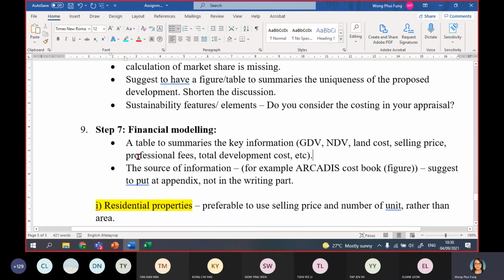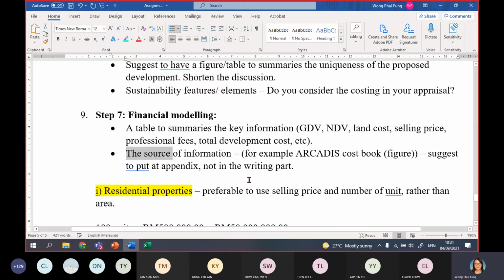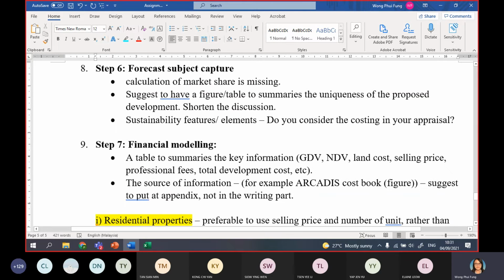And majority of you, your preference is to calculate land cost, construction cost, interest rate. You paste one figure, so you paste the sources of information in your writing part. I would say that if you want to show where you get the information, feel free to put it in the appendix. Don't put it in the writing part.